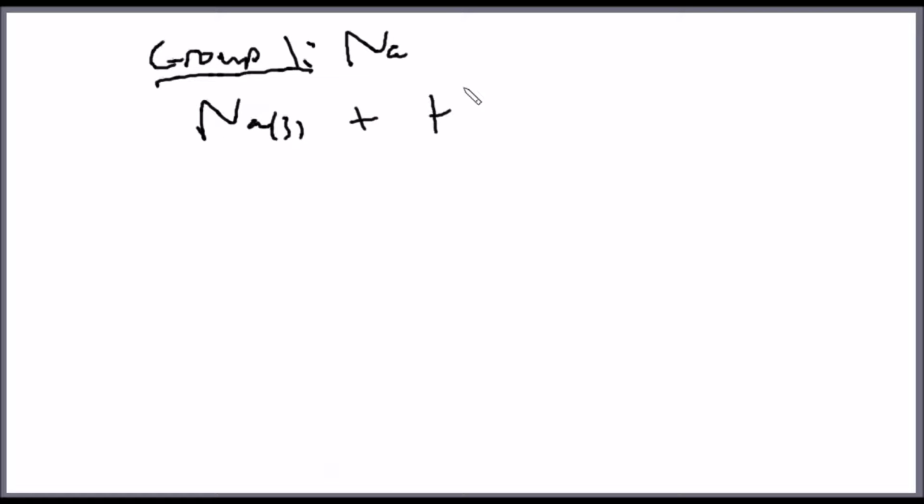So one reaction in Group 1, for example, sodium metal. So sodium metal with water goes to sodium hydroxide. Sodium hydroxide anyway.